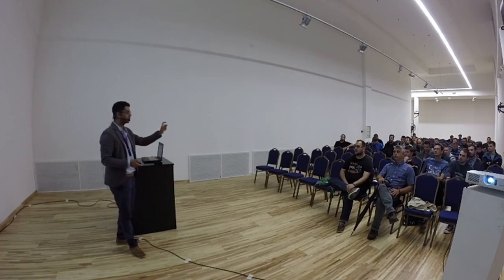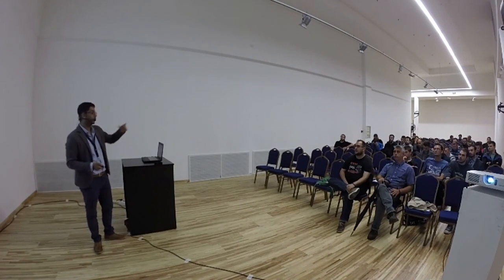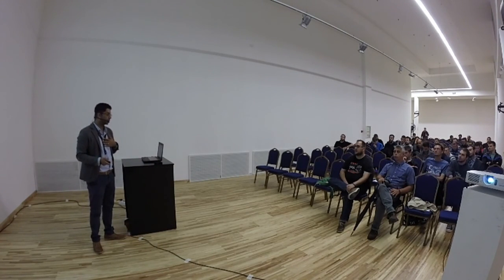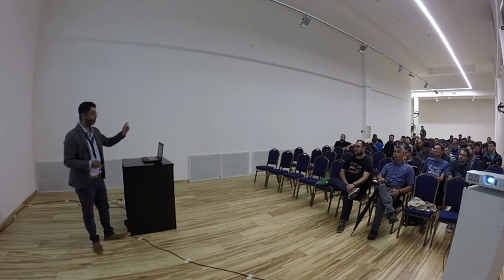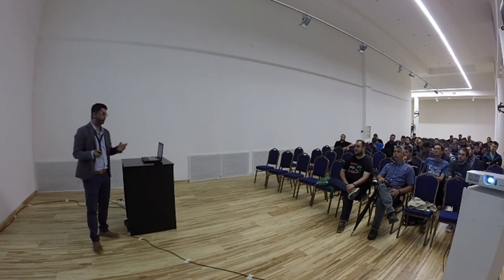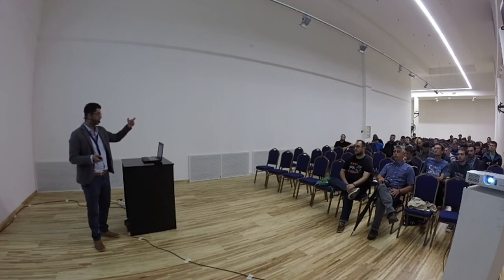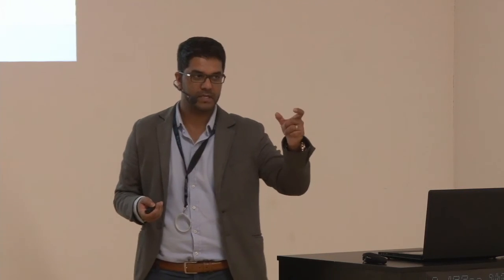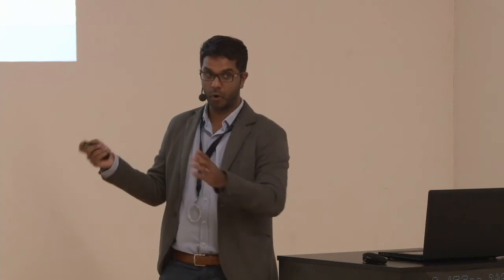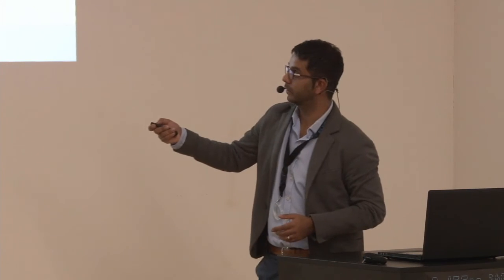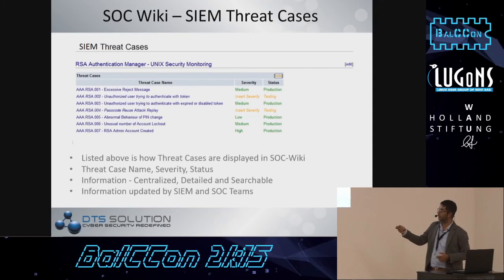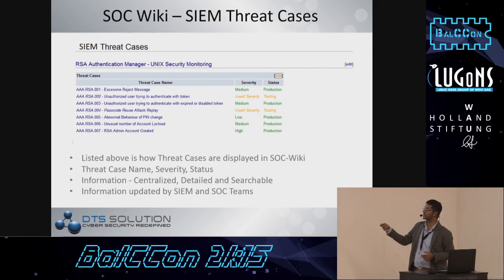It's a one-time password. Now, imagine I'm an employee of an organization and I have the key fob and I leave and I'm terminated. So the IT administrator has disabled that particular key fob. But from home, he's still trying. So in this example, an unauthorized user is trying to authenticate with an expired or disabled token.